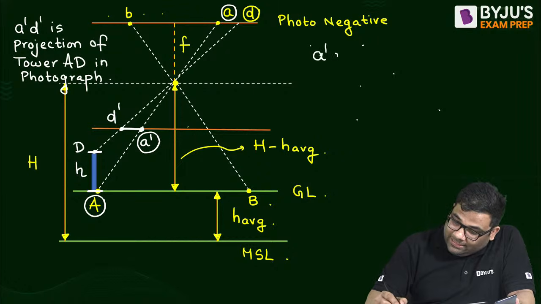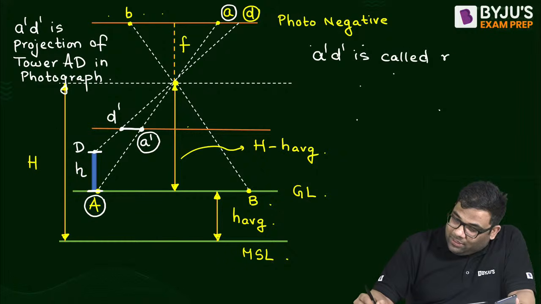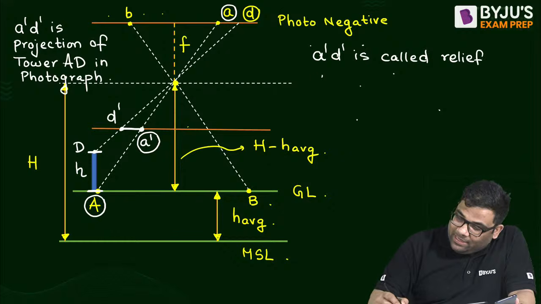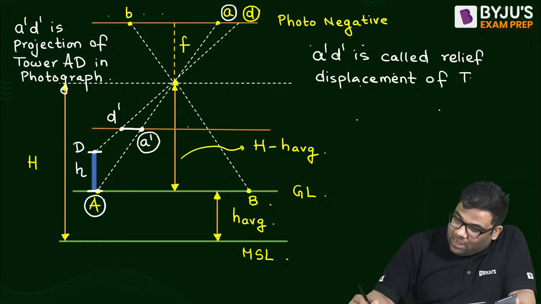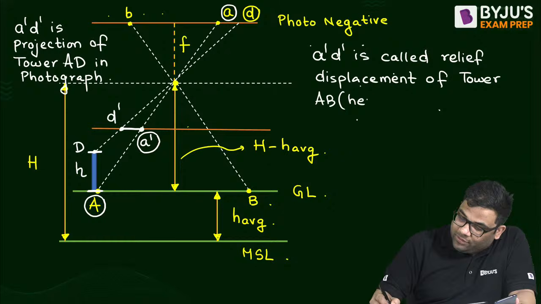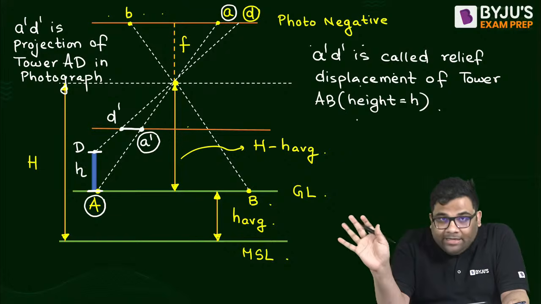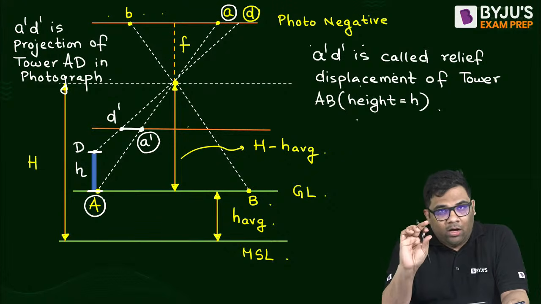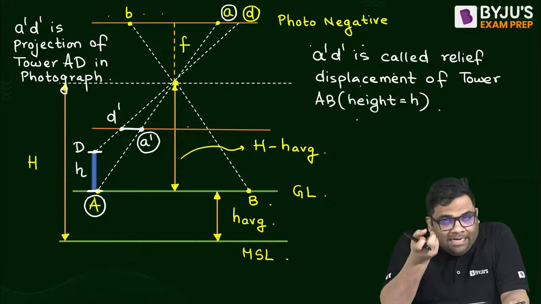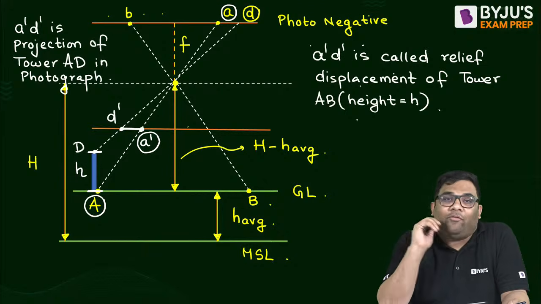So your A dash D dash is called the relief displacement of tower AD, whose height is equal to H. So relief displacement is nothing but the projection of a tower or building in the photograph.